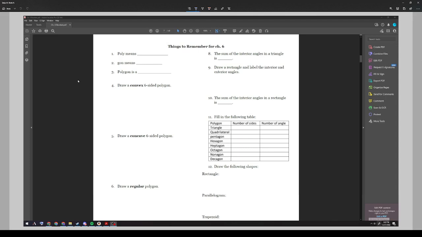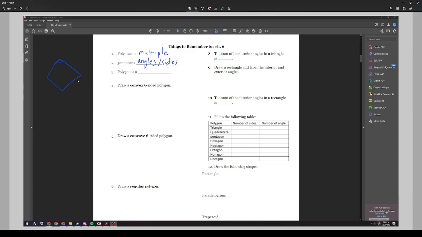So poly means multiple, so more than one. Mono means one, poly means multiple. Gon technically means angles, so this is a multiple angled figure, but we also think of it as a multiple sided figure. It's sometimes easier to think of a shape in terms of the sides because that's how we draw it.